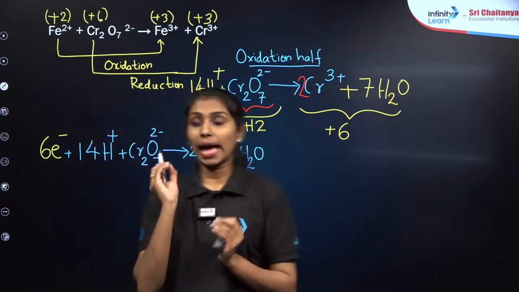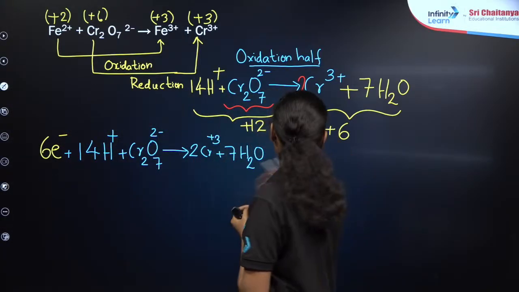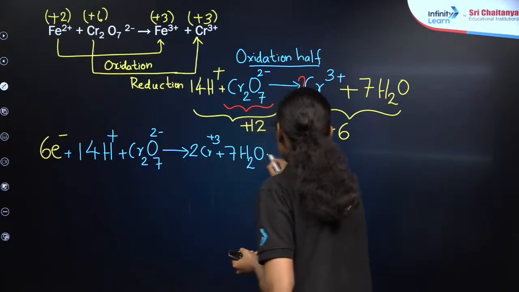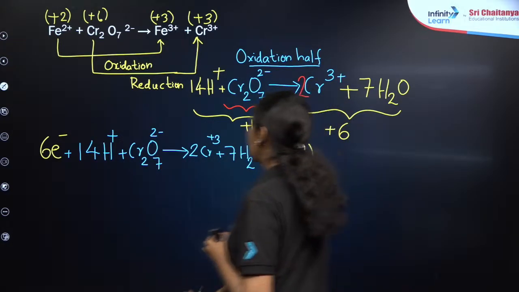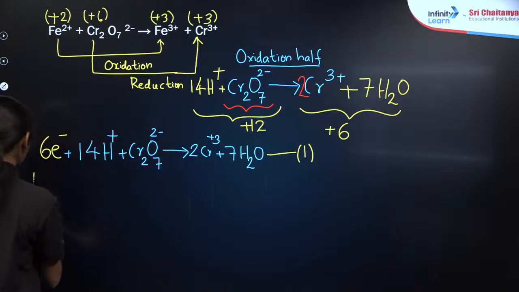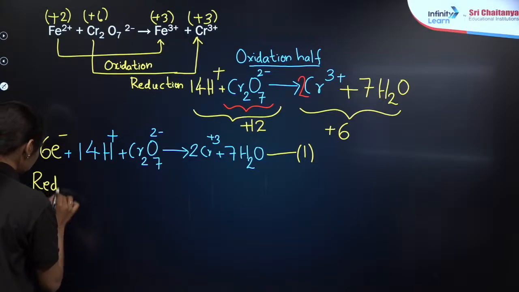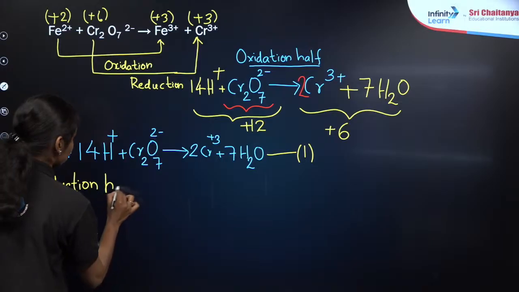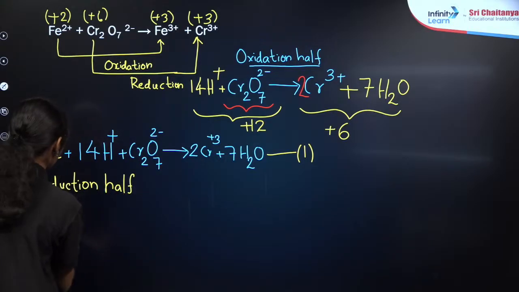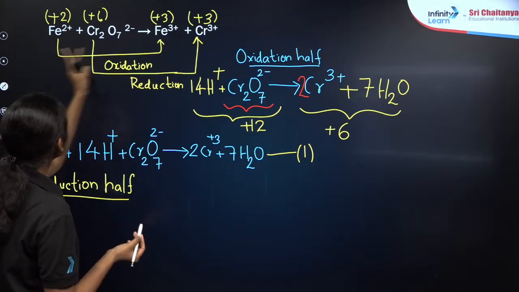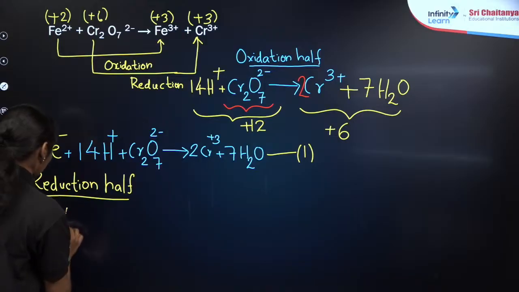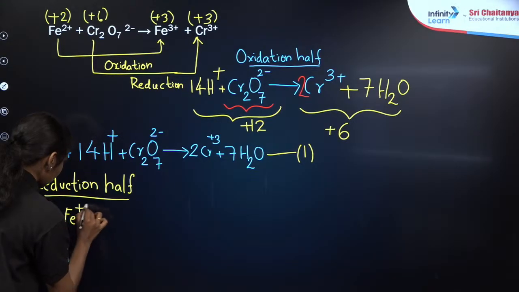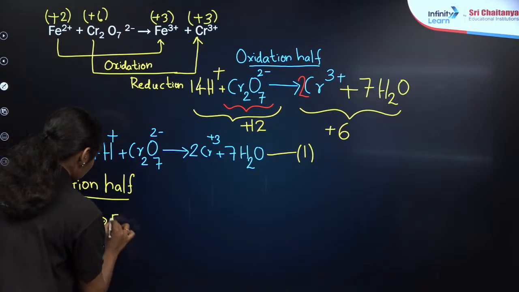Similarly, you have to do the balancing on the reduction half also. This is our oxidation half, the first equation, right? Then what about the reduction half? The reduction half is Fe2+ gives Fe3+, right?